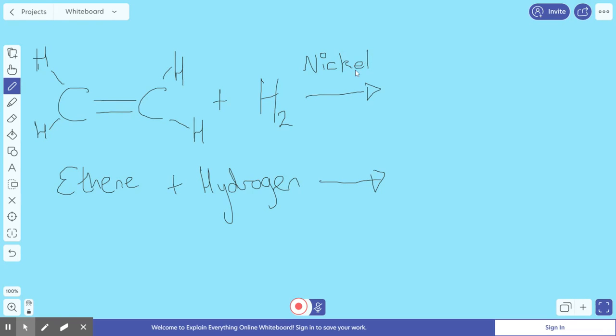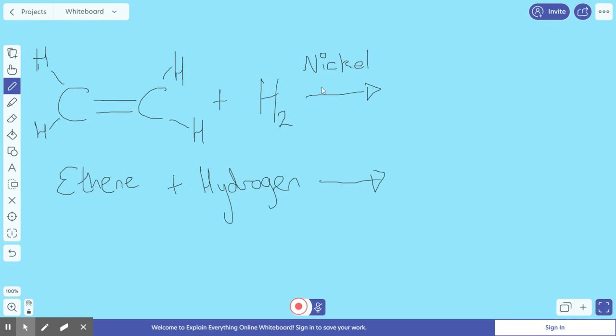We know that catalysts speed up the rate of reaction without being used up, and they are specific for certain reactions. So this reaction of hydrogenation, which is adding hydrogen, needs to be a nickel catalyst. That's something you do have to remember. You have to remember the conditions for each of these additions, and it's different for each one.